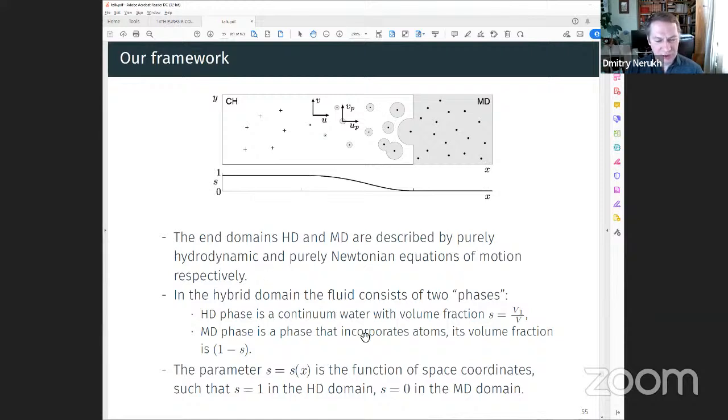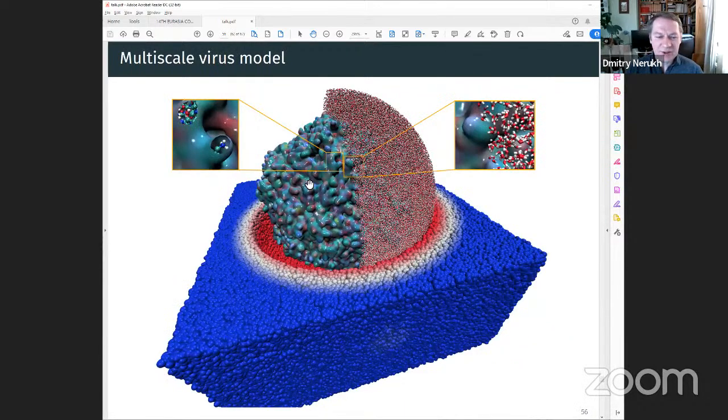I will not go into the details. I'll just mention that we developed the theoretical framework, and we implemented it in standard molecular dynamics packages like GROMACS.